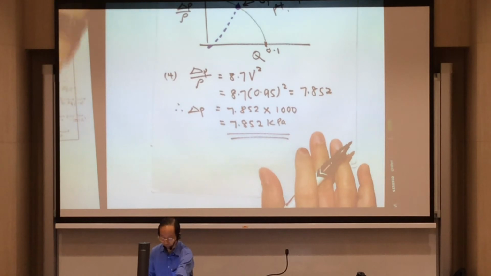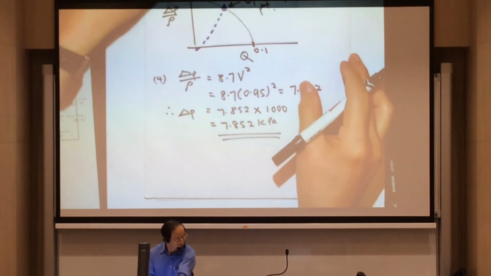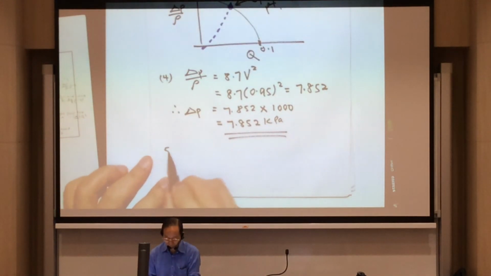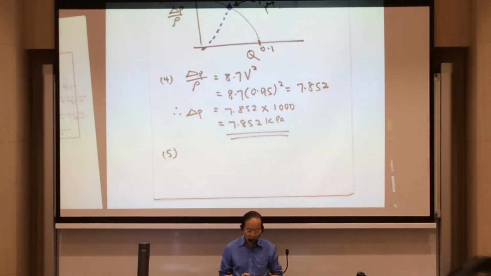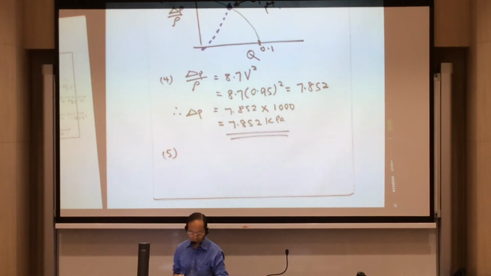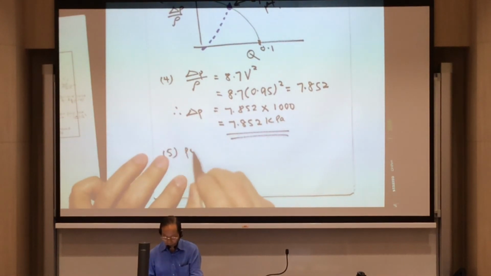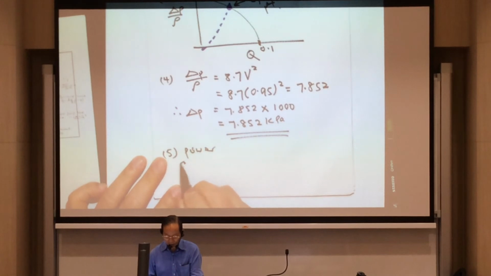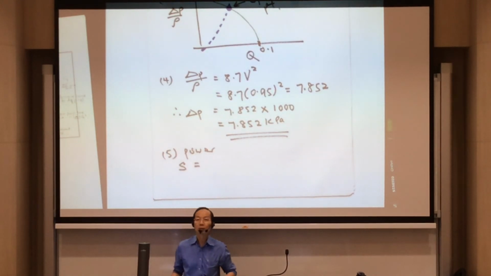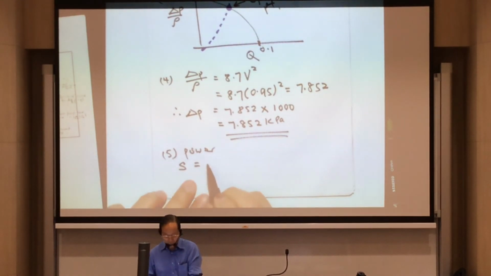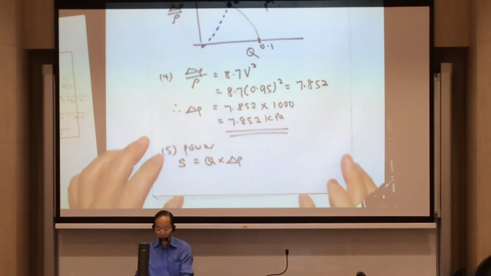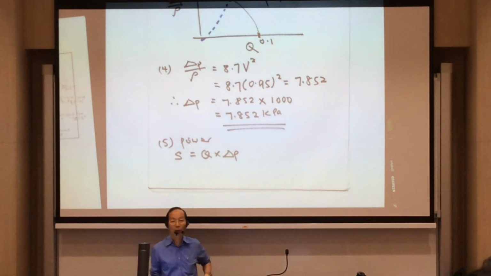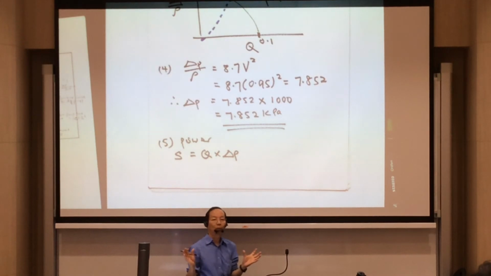And then we have question 5. It says finally calculate the power of the pump at the operating point. The expression for power is S equal to Q times delta P. This is the expression for pump power: flow rate times pressure difference.